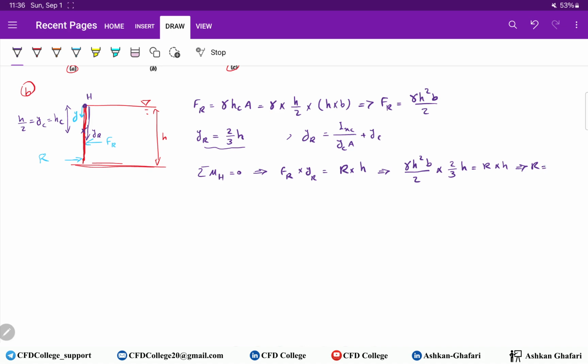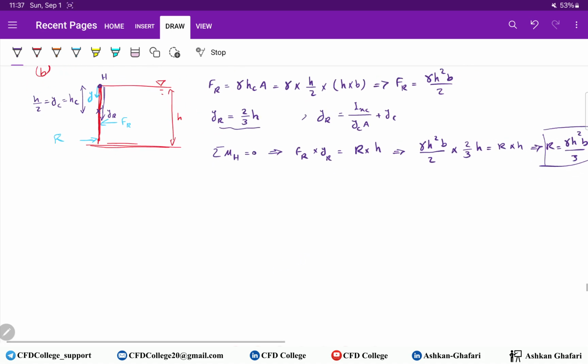So R equals gamma h square b over 3. Now we know R.